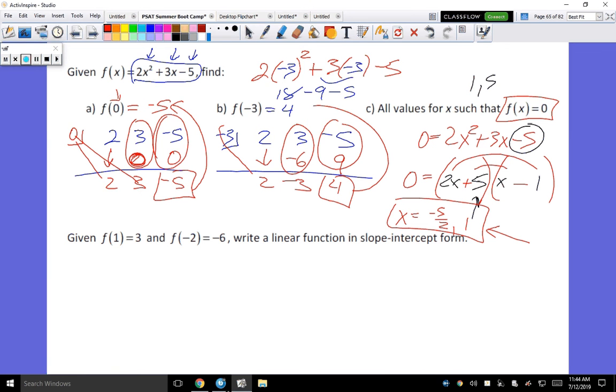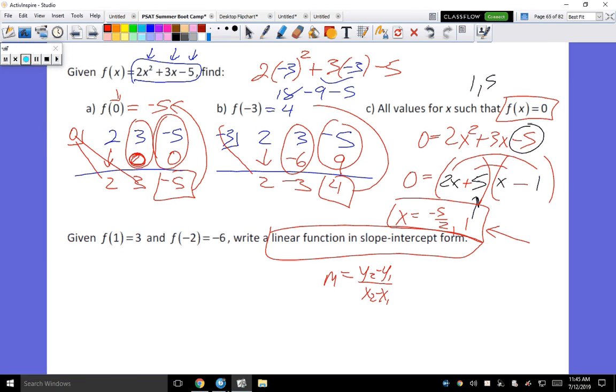How do I start this? You can find the slope. So you need the slope from 2 points, right? y2 minus y1 over x2 minus x1. Yep. And where do I get those from what was given? 3 plus 6 over 1 plus 2. So some people don't see it as easy as you do.